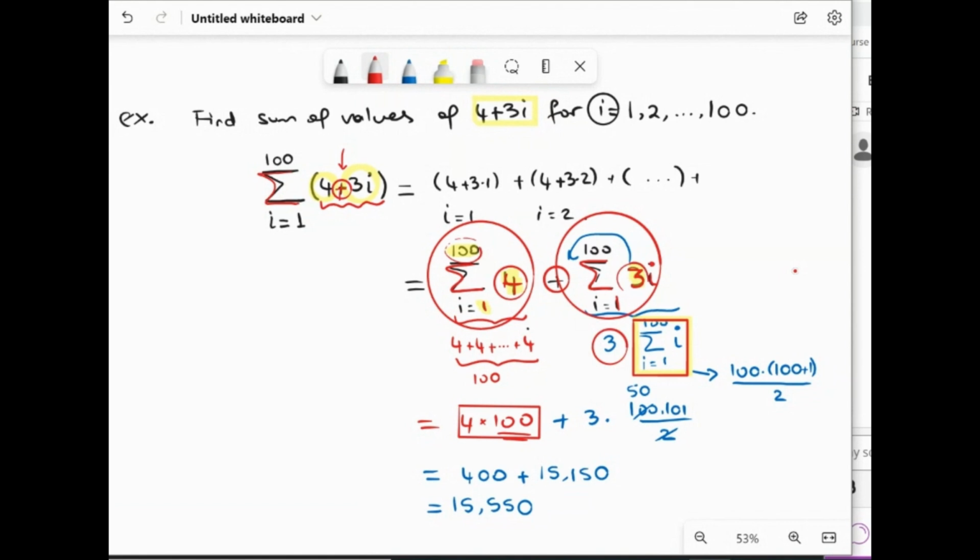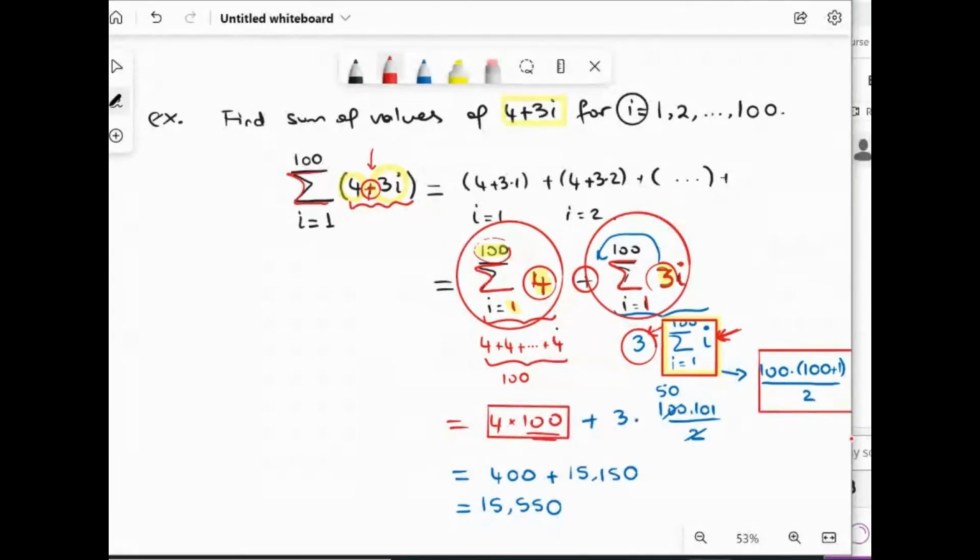Instead of multiplying each term, you just multiply after you find the sum. And so for this sum, we just use the sum formula, which is the sum of numbers from 1 to n. So we just discussed that formula. So just plug it in and multiply it by 3 to find this sum.